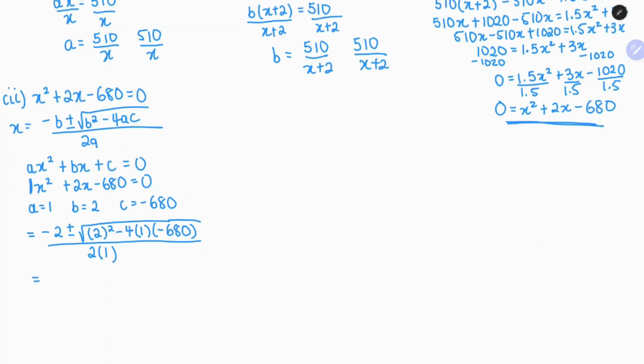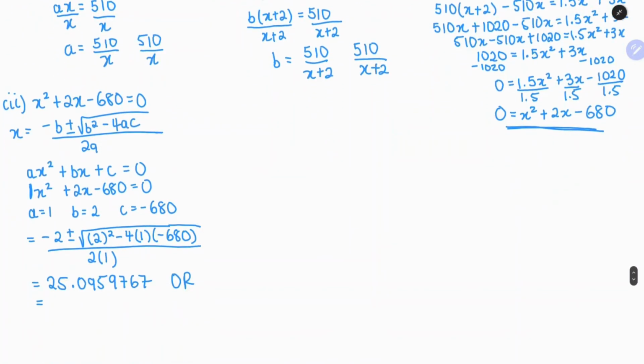That gives me 25.0959767. Or we're going to put it to 2 decimal places just like they stated. So to put it into 2 decimal places, we'll look at the third digit, so obviously the 5 here will round up the 9. So in 2 decimal places, it's going to be 25.10.